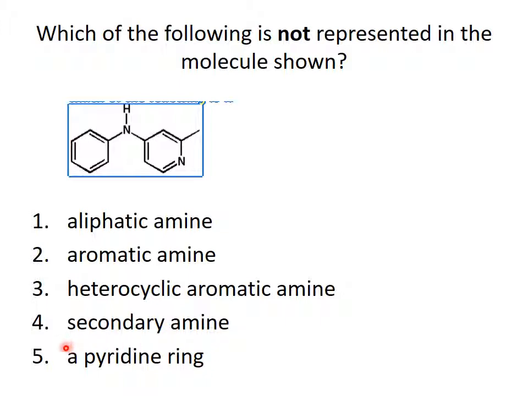If you look back at the heterocycles, you will find that pyridine has this structure, so it is a pyridine ring in there. And it is a heterocyclic amine because the nitrogen is in that ring. The only thing that you don't see there is a saturated carbon chain, something like an ethyl or a methyl or a propyl or a butyl. That's not on here, so this is the classification that does not fit.